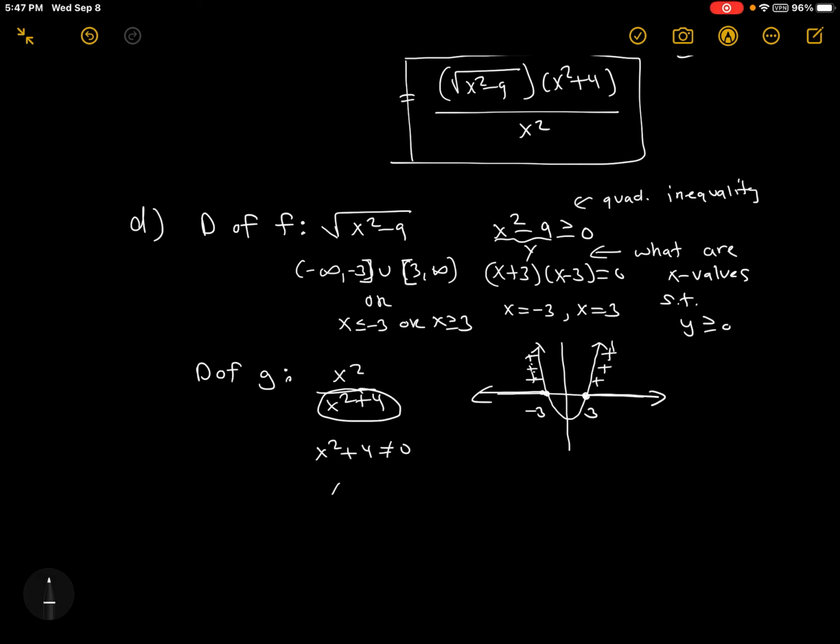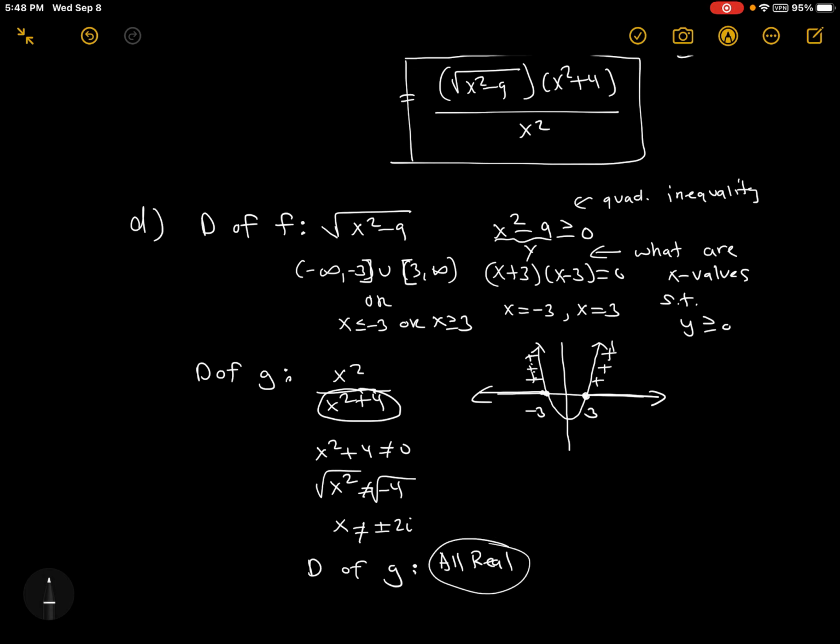If you take the square root of both sides, you get plus or minus 2i. So you basically exclude the imaginary, but we don't care about imaginary. So after we follow these steps, the domain of g is just all real. Yes, we exclude plus or minus 2i, but we don't care about that.